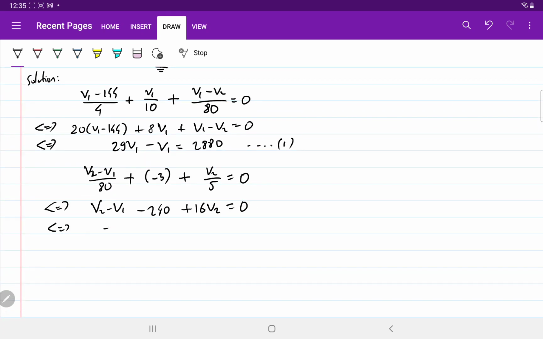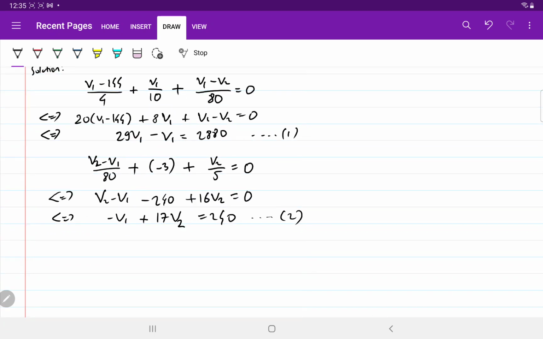We get minus V1 plus 17 V2 equals 240. So that's the second equation. Okay, so you have two equations and two variables, so we should be able to get a unique solution.